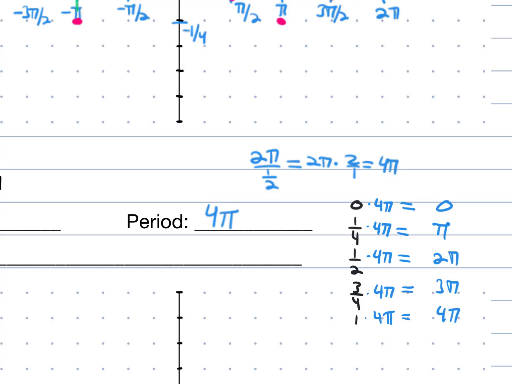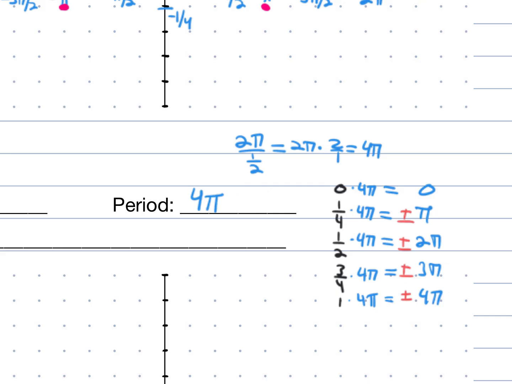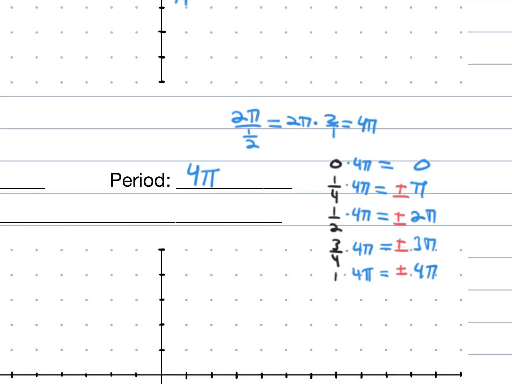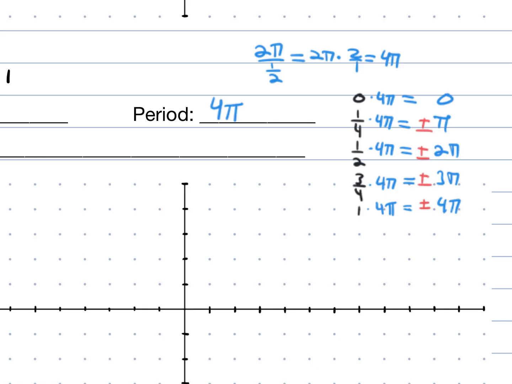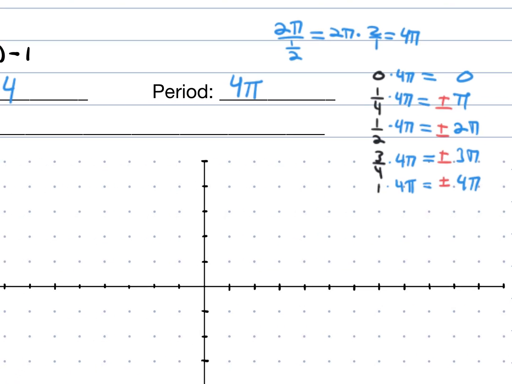And we're going to use the positive and the negative, so I'm just going to write a plus minus in front of them, just so that we know that we're using all of these points. All right, so those are our key points.